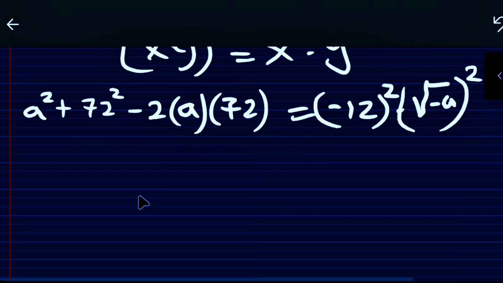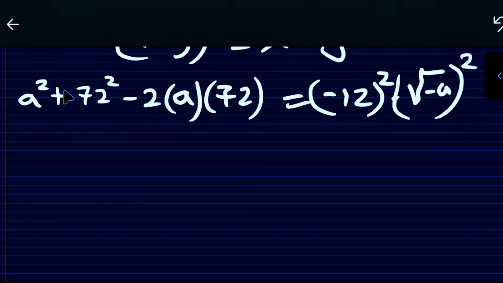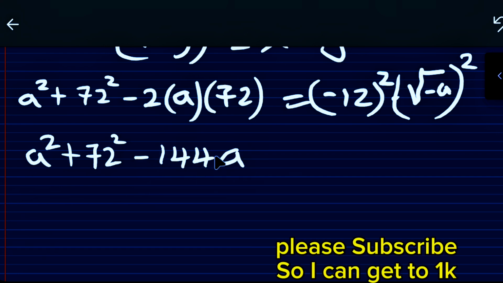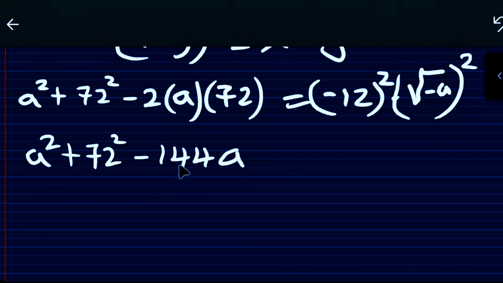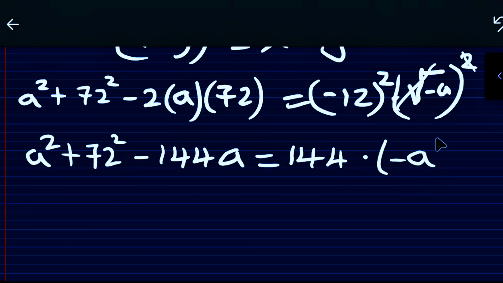So from here, we are going to have a squared plus 72 squared, then minus 2 times a times 72 will give us 144a, because 2 times 72 will give us 144. And this will be equal to minus 12 squared, which will give us 144, then times this square here will cancel out this square root, and we are left with minus a here.